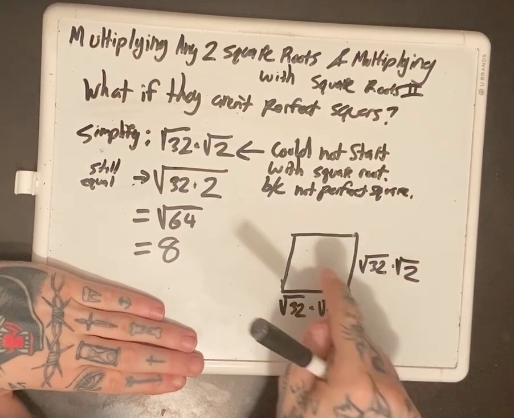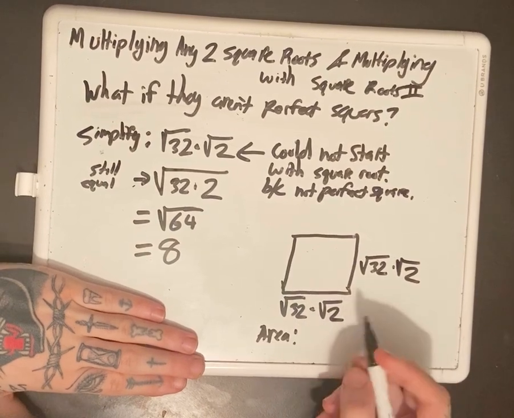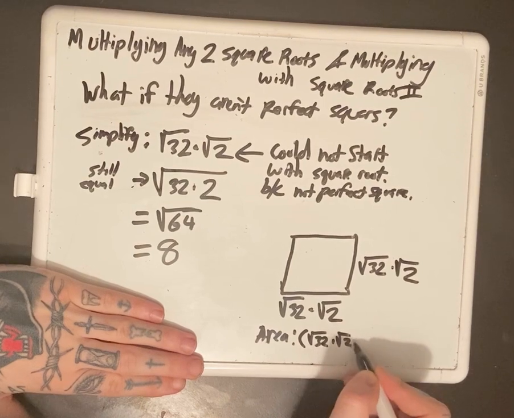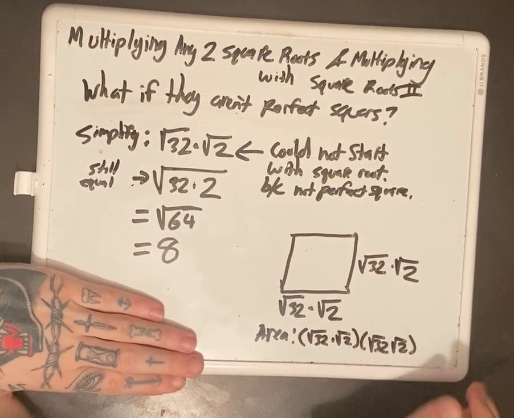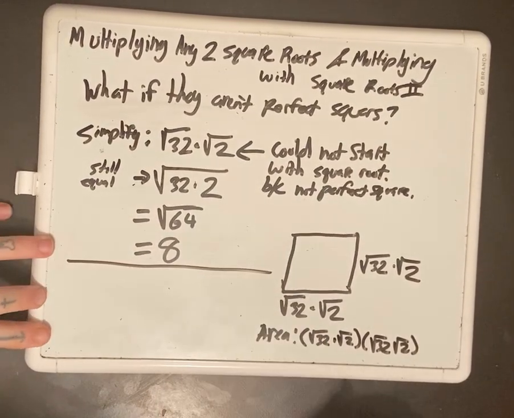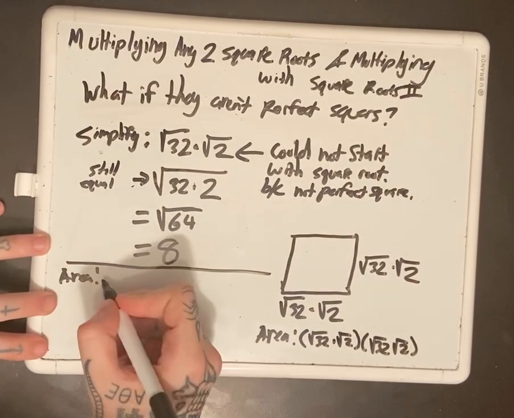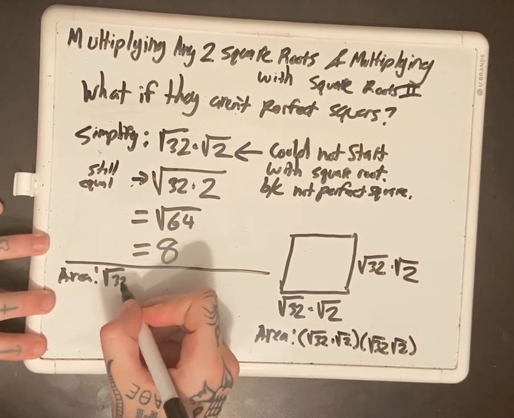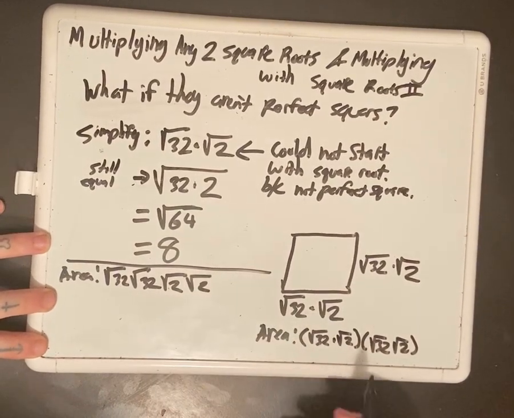So the area is equal to square root of 32 times square root of 2 times square root of 32 times square root of 2. I'm running out of room, so I'm just going to bring it over here. And we're going to get square root of 32, square root of 32, square root of 2, square root of 2 by rearranging.